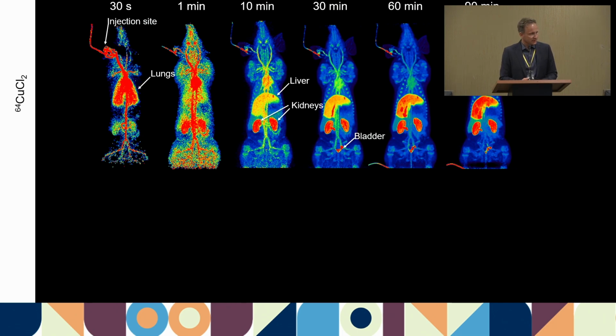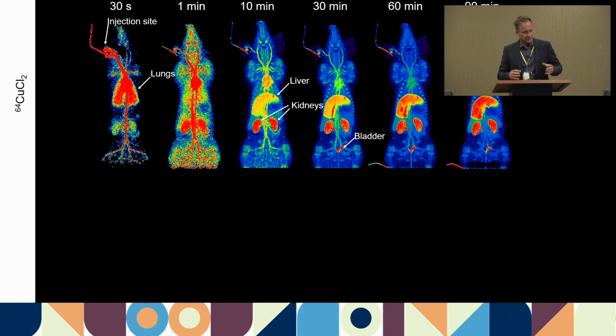So what you see here is you inject copper directly, and if you know pig anatomy, you will know that they have big veins in their ears. So we use a vein in the ear for injection of radioactive copper. And what you can see is that after 90 minutes, a lot of the copper has gone to either the liver and the kidneys. But these are healthy animals, so they should, in theory, begin to excrete at some point.